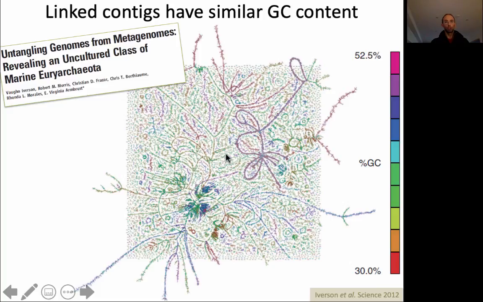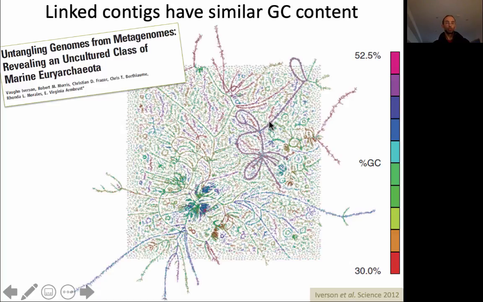Here we see a graph that has lots of little colored dots. Each of the little colored dots is a contig, and they are linked together in this graph by matching forward and reverse read pairs. In this case, apparently those read pairs were not used for scaffolding, but for linking the contigs in this graph.